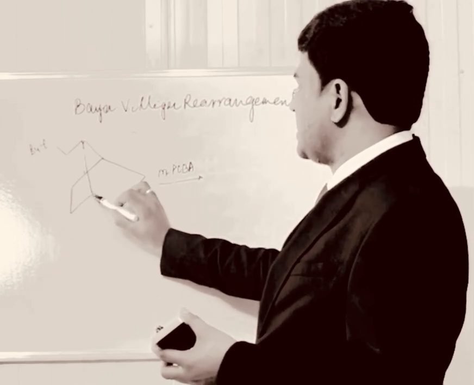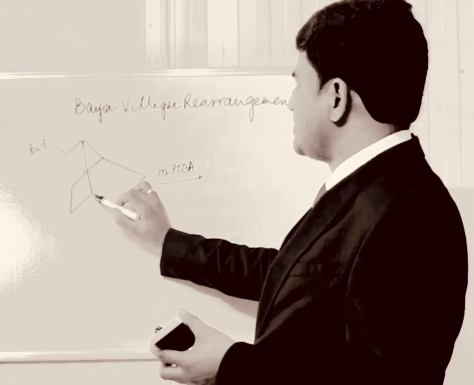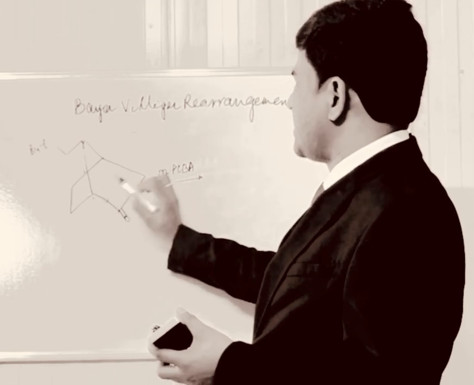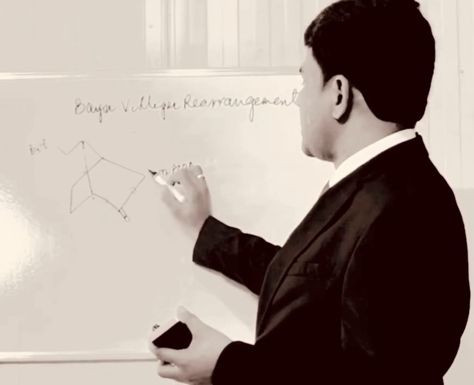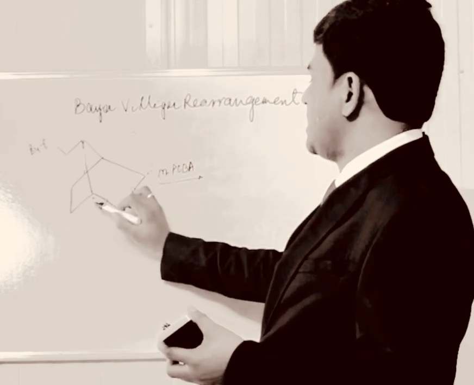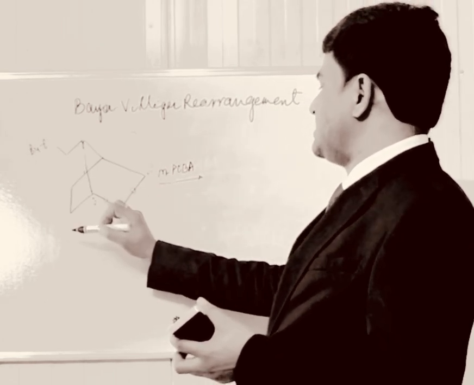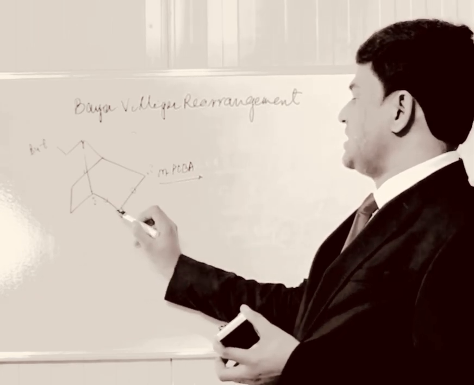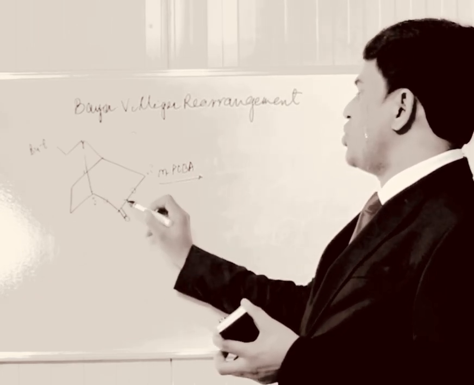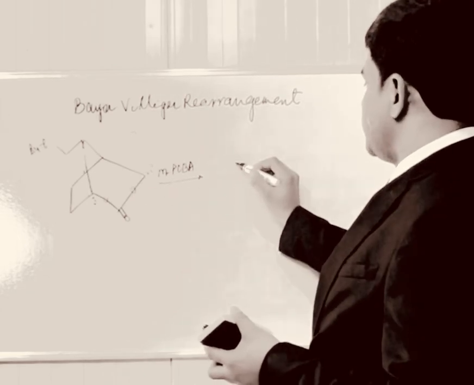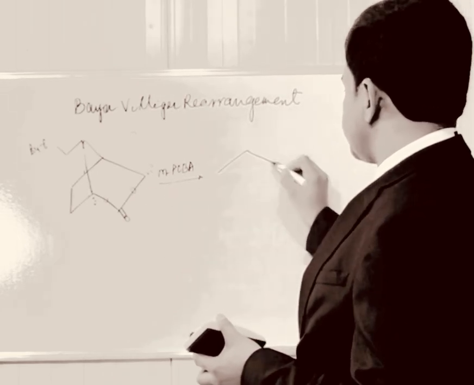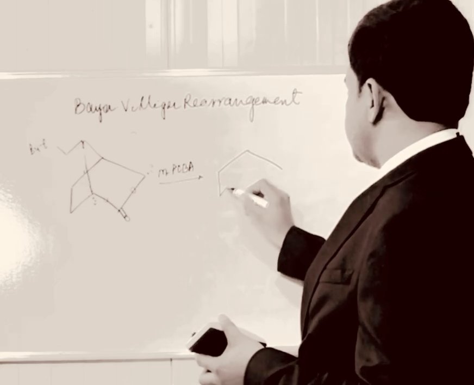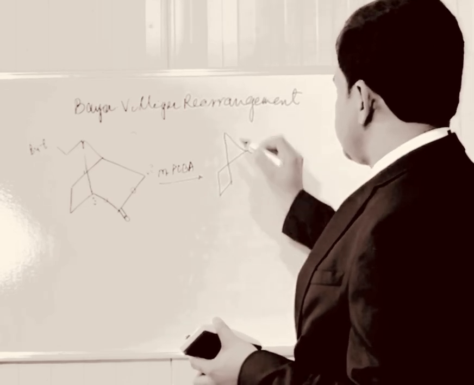Since after insertion here there is formation of a secondary carbocation, however here there is formation of a primary carbocation, therefore the possibility of insertion of oxygen between these is more in comparison to this. Therefore the product formed in this reaction is like this one.